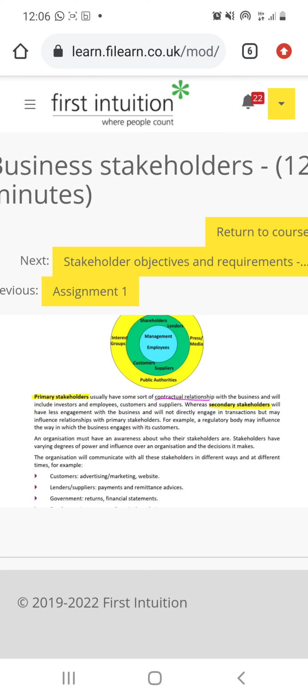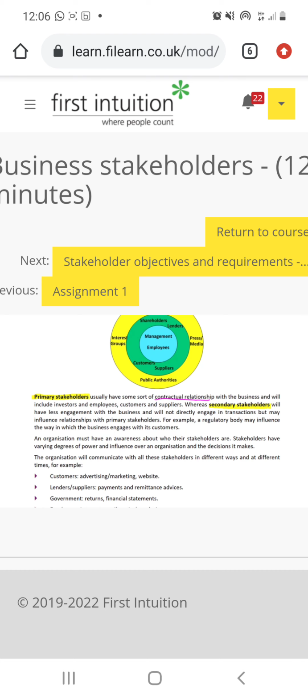They have a contractual relationship with the business in the form of shares. They have paid their own private money in return for a share of the business. Employees as well would fit into our primary stakeholder category. They have an employment contract with the business. We also have customers and our suppliers bound by payment terms to the business.